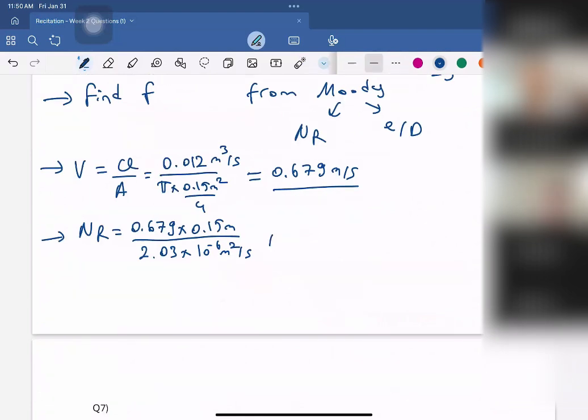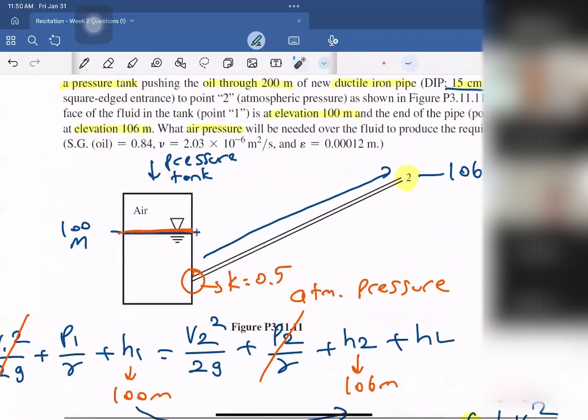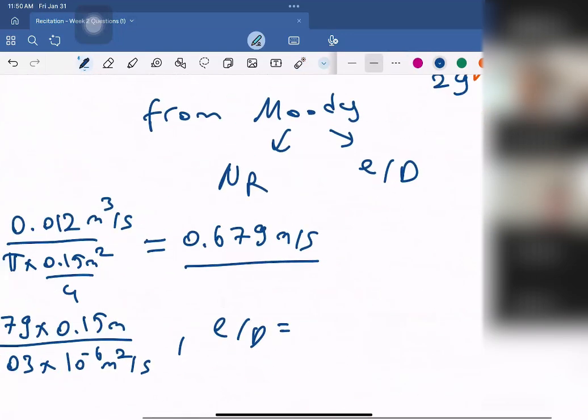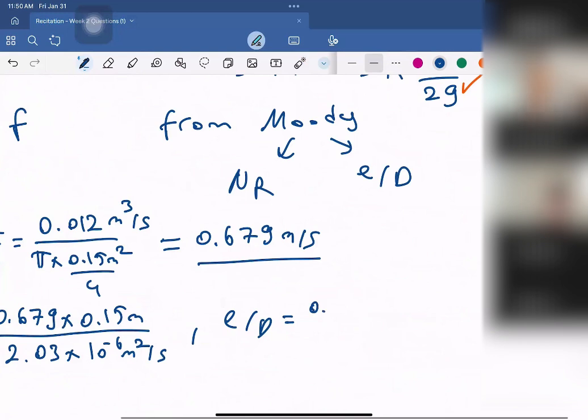And on the other hand, we have E over D. And this time, you can see the value of the roughness. And again, be careful about the unit because it is given as meter. And I will directly use diameter as meter here.